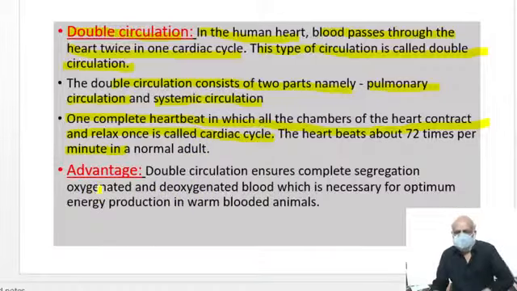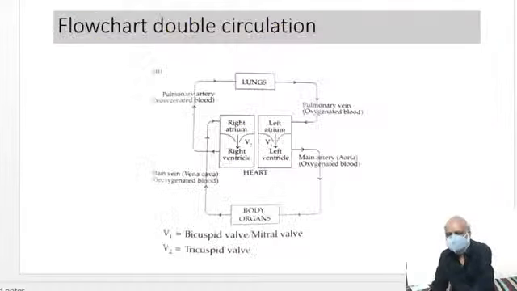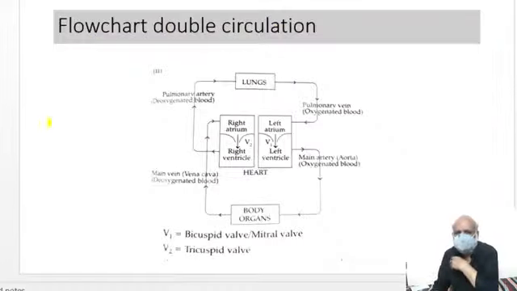Advantage. What is the advantage of double circulation? Double circulation ensures complete segregation of oxygenated and deoxygenated blood, which is necessary for optimum energy production in warm-blooded animals. This is the flow chart of double circulation.